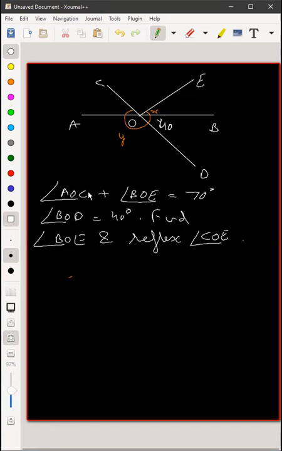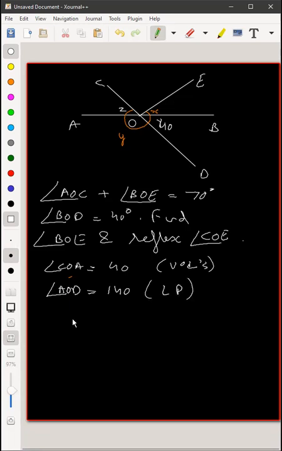Then angle COA is also 40 because of vertically opposite angles. So angle COA is equal to 40 degrees. And then angle AOD is 140 degrees because 180 minus 40 is 140. Linear pair.